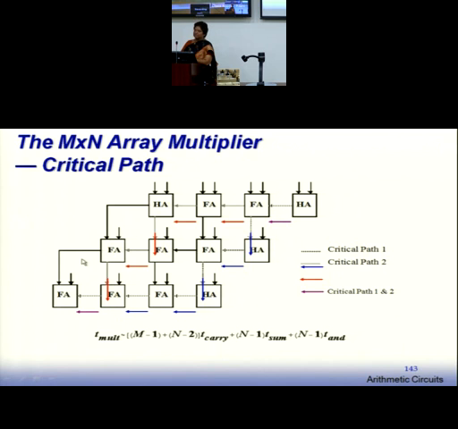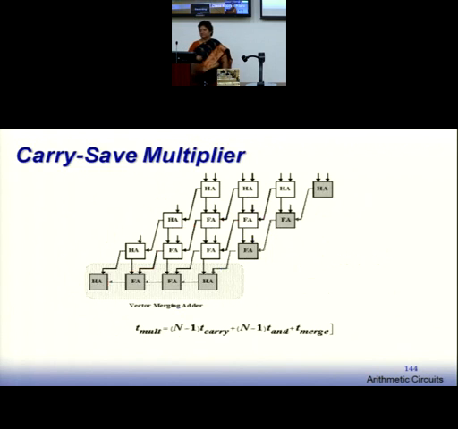So which one is the critical delay path? The one in which your carry is propagating through the maximum number of blocks.